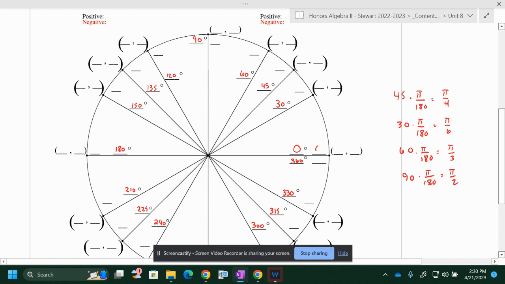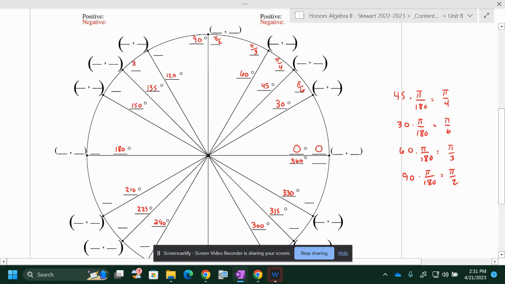So we're going to start with 0, and then we'll go pi over 6, pi over 4, pi over 3, and pi over 2. And then I want to show you a trick here. I'm going to start with the 45s. The 45s are the middle ones. So think of it as pi over 4. Pi over 2 is 2 pi over 4.